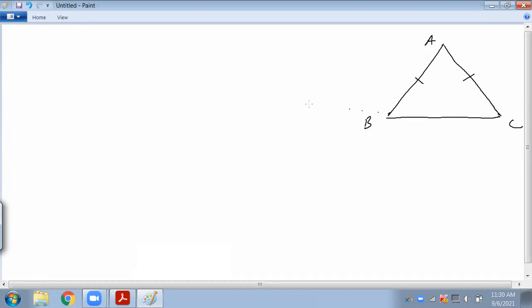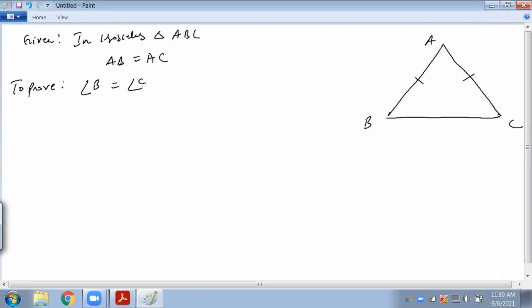So you have to show angle B and angle C equal. So given: in isosceles triangle ABC, AB is equal to AC. To prove: angle B equal to angle C.